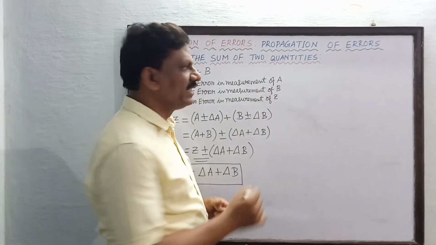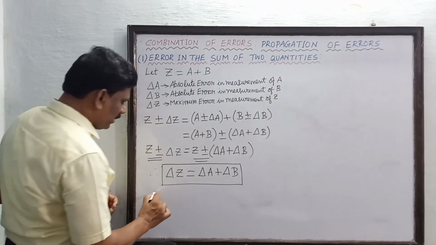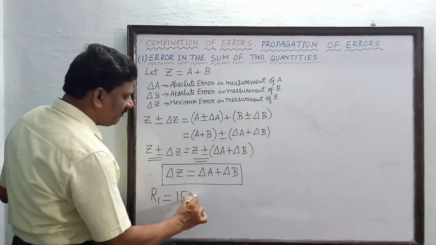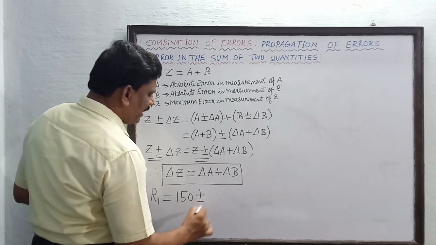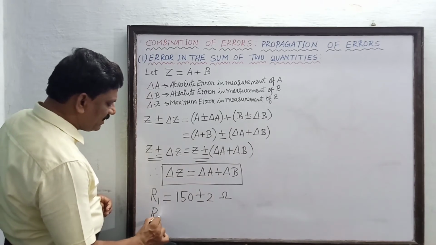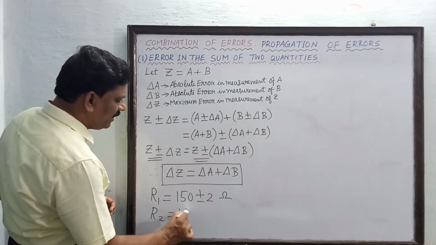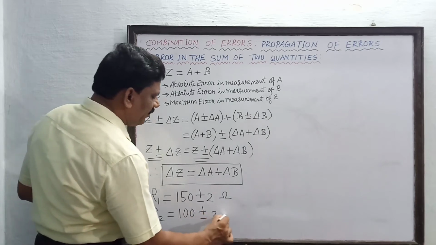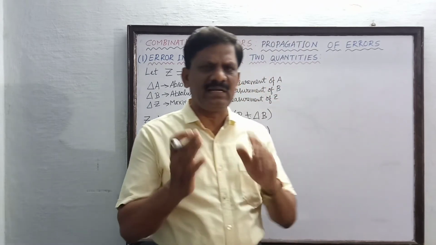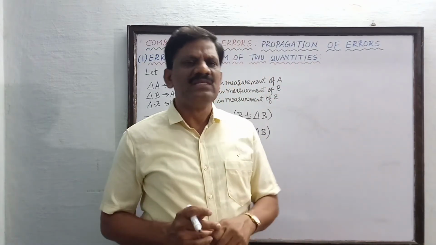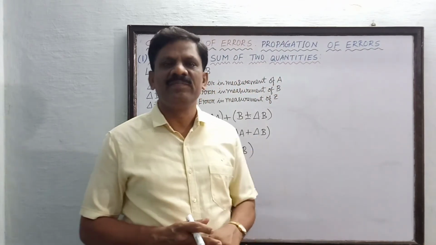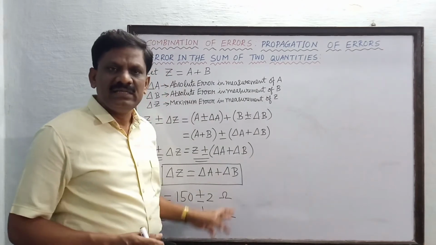For example, let us take resistance R1 equal to 150 plus or minus 2 ohm, and the second resistance R2 equal to 100 plus or minus 3 ohm. So this is what you are measuring with the errors.